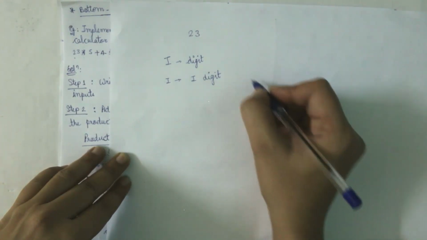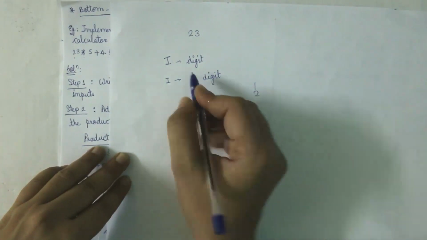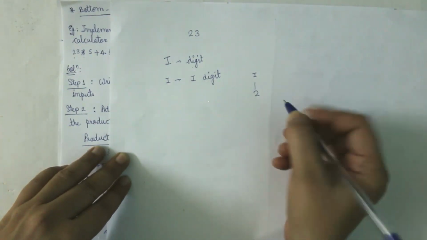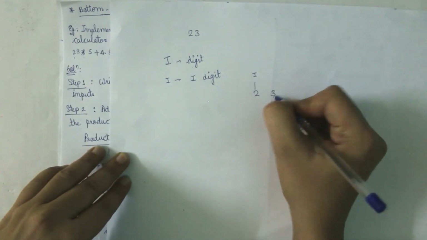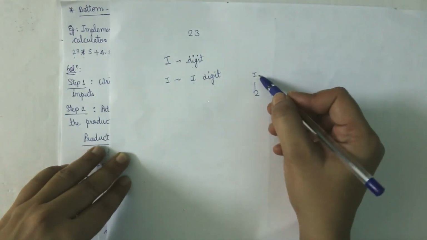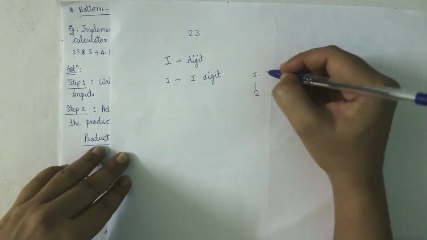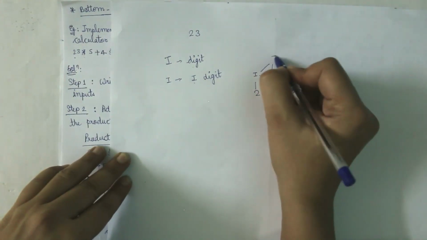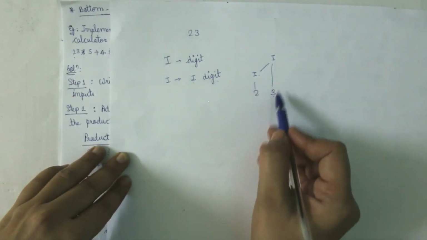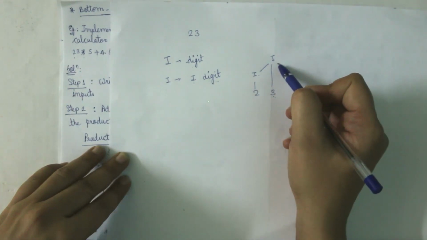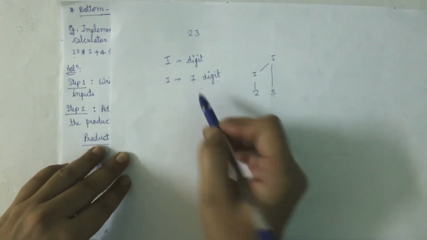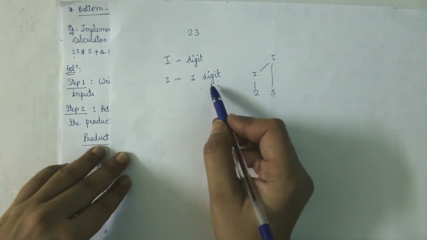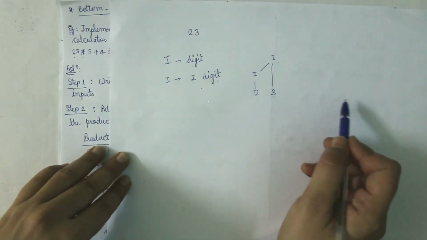So first 2 becomes I, and next is 3, which is still a digit. So you take I digit, meaning 1 I, and this 3 is the digit. So I digit becomes I. This rule is to combine multiple digits to form a number.